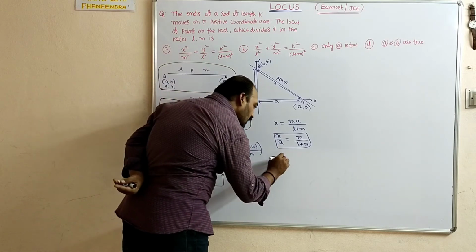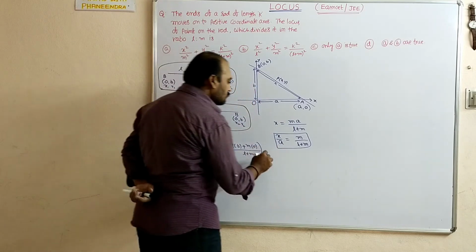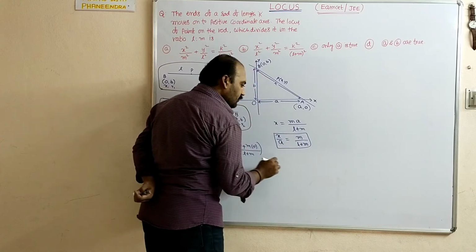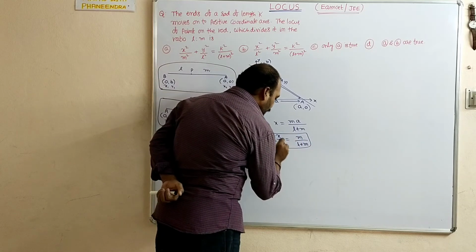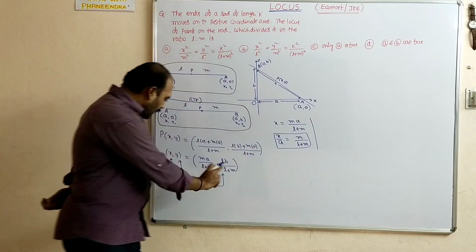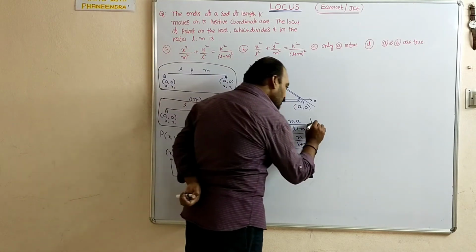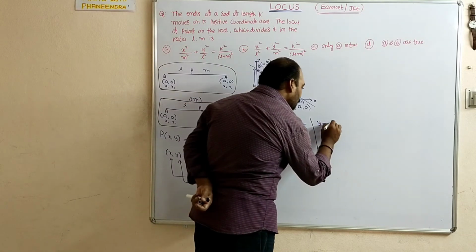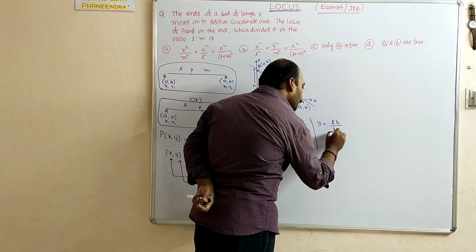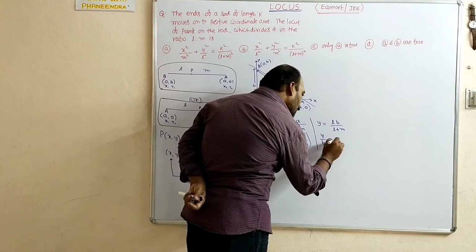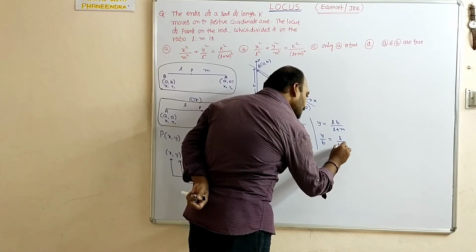Similarly, comparing the y coordinates, y is equal to Lb by L plus m. So b I am taking here: y by b is equal to L by L plus m.